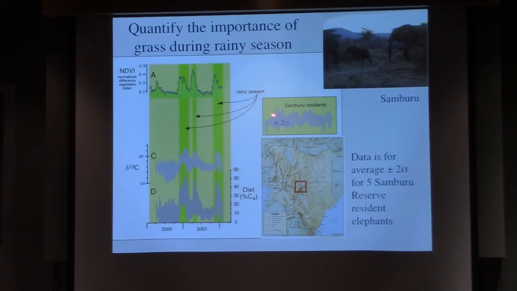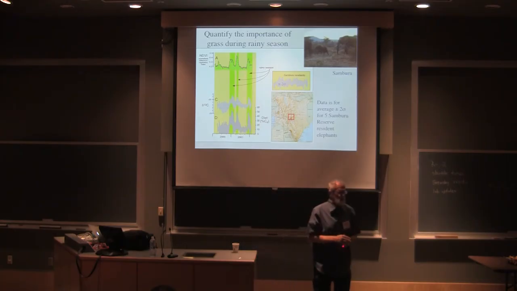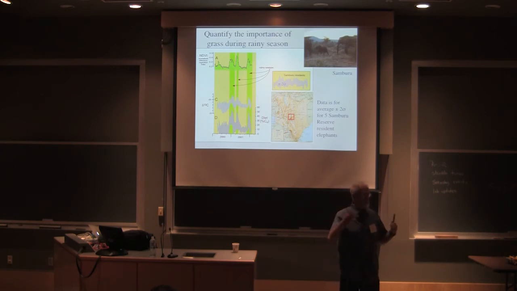So this shaded in area represents the average delta C13 value and calculated diet for 5 different resident elephants, but each of which represents a different family. Okay, so we're trying to characterize what are all the animals in this park doing. And we also showed that the 2 sisters living together have almost identical diets.